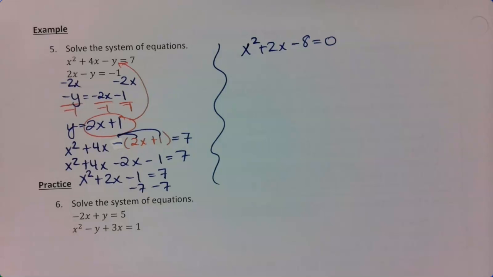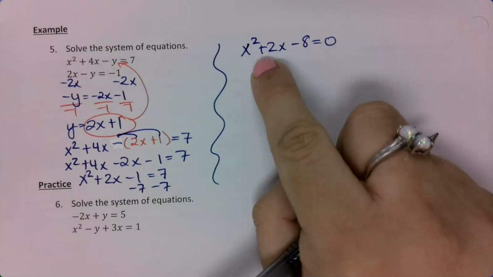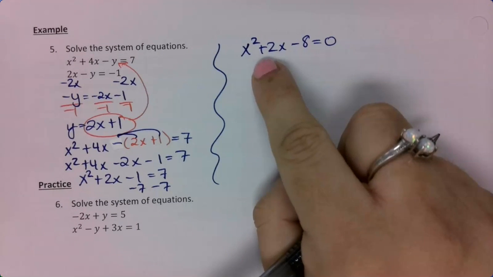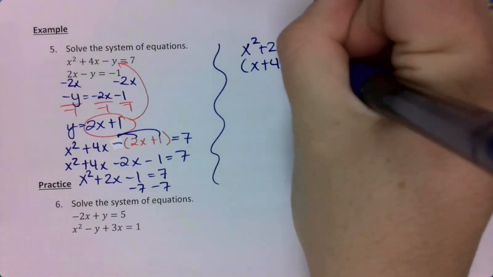Okay, what factors, or what multiplies to negative 8 and adds to positive 2? So I'm going to have x plus 4 times x minus 2.